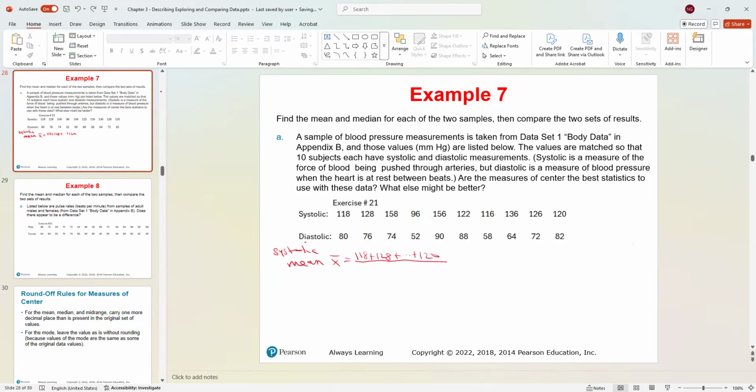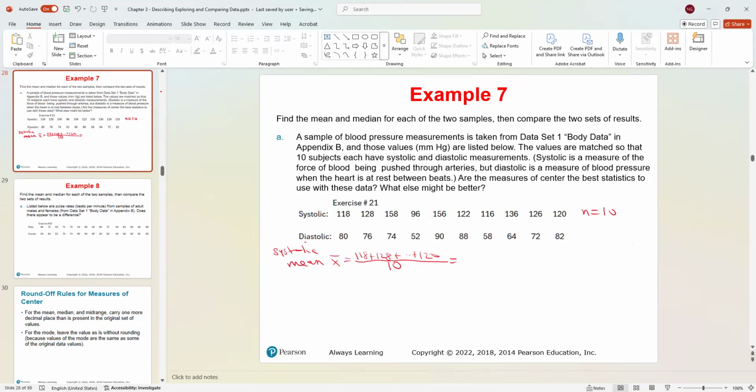What is n? What's the number of data in that data set? We have 10 data. When you add them all together, you divide by what again? We need to divide by 10.